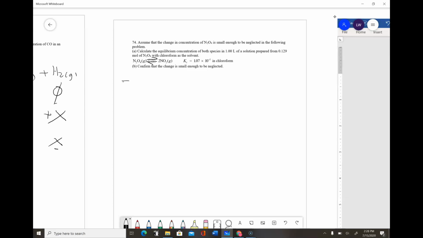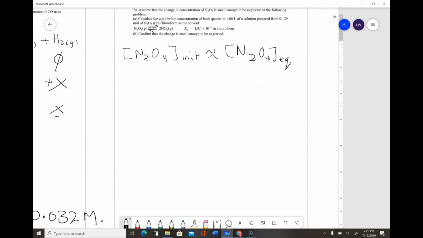So what that means is that we're going to assume that the initial amount of N2O4 is approximately equal to the equilibrium amount, because the amount of N2O4 that gets converted to products is so tiny that it doesn't really change the initial amount by a lot. So let's look at part A.